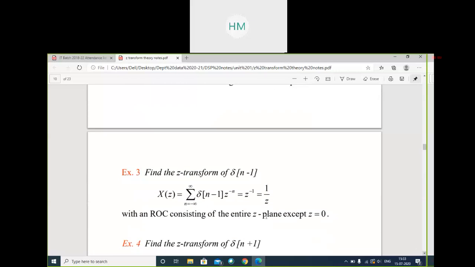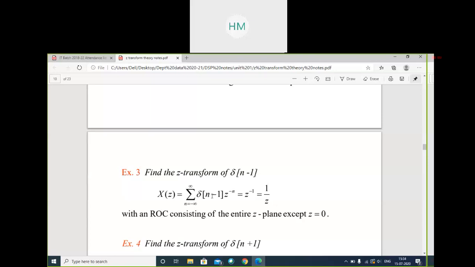Now find the z transform of delta n minus 1. You are writing in your copy. So x of z is equal to, this is the equation of the z transform. Delta of n minus 1 means it is an impulse just shifted by 1.